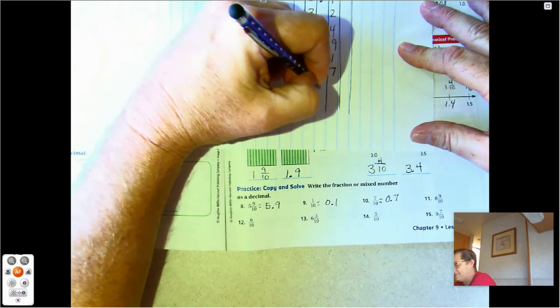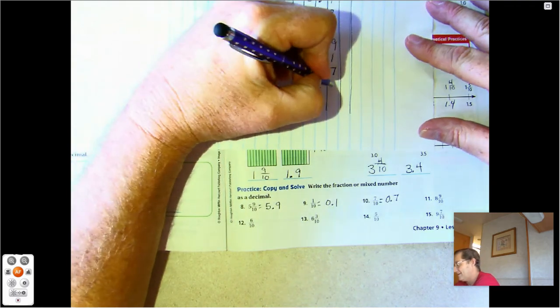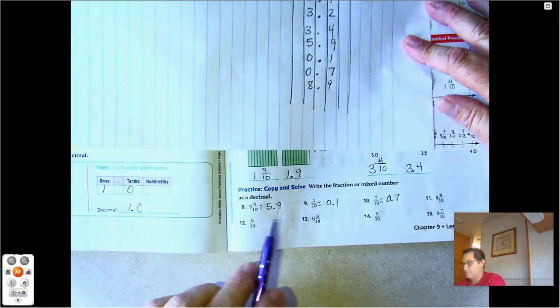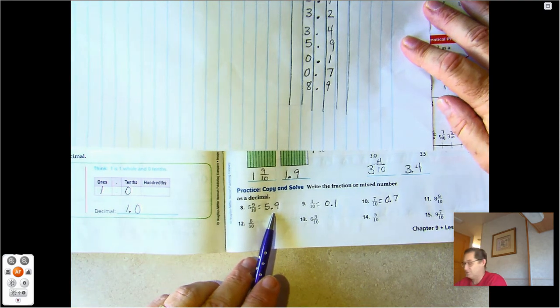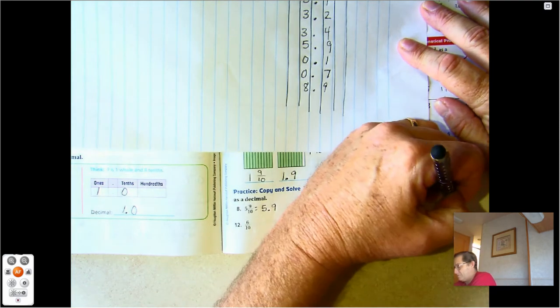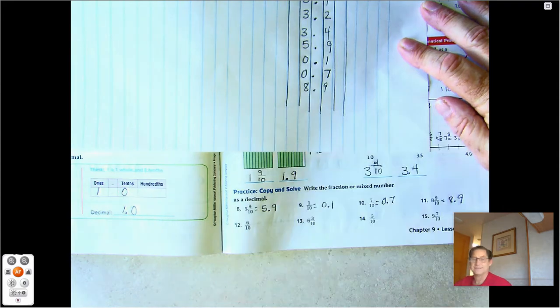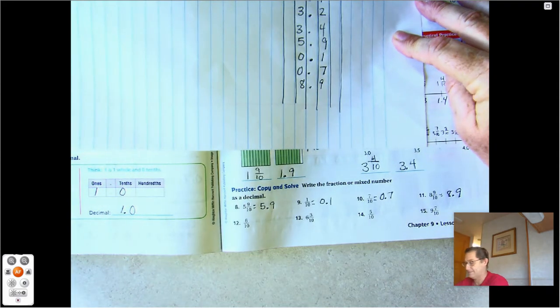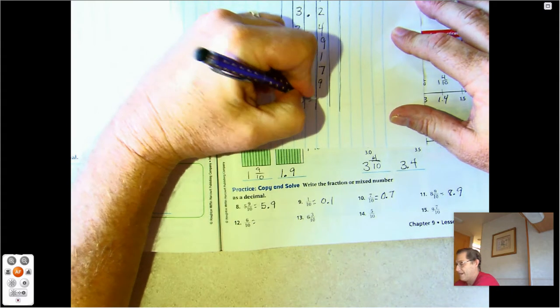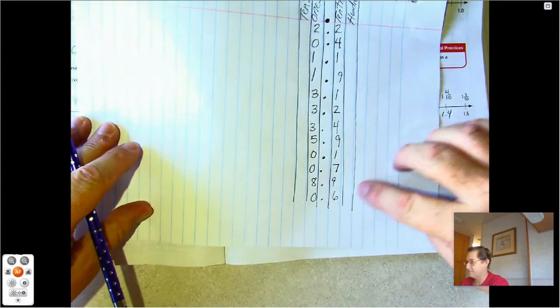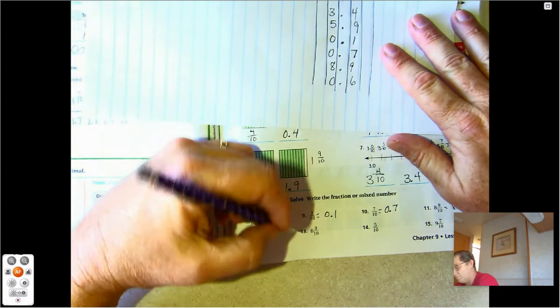Okay, so this time I did say a whole number. 8 is the whole number in the ones place, and 9/10. Well, 9/10 on this one was just written 5.9. So 8 and 9/10 would be written 8.9. 6/10. So if we have 6/10, the 6 is in the 10th place, so 0.6.